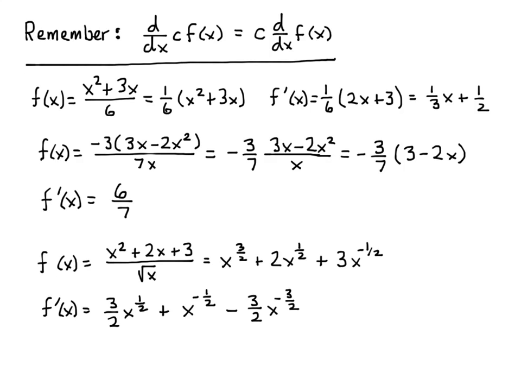Then we get 2x divided by the square root of x, which is 2x to the 1/2. And then you have 3 times x to the minus 1/2, and so we can take this and apply the power rule to it directly. And then I can rewrite it in radical form.